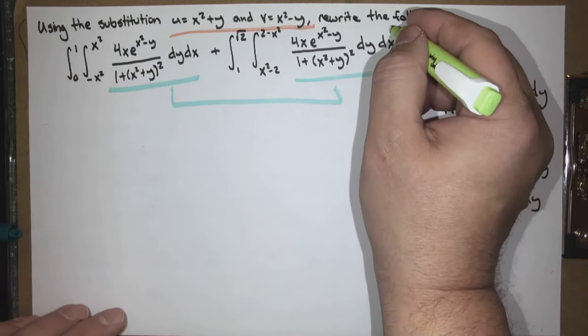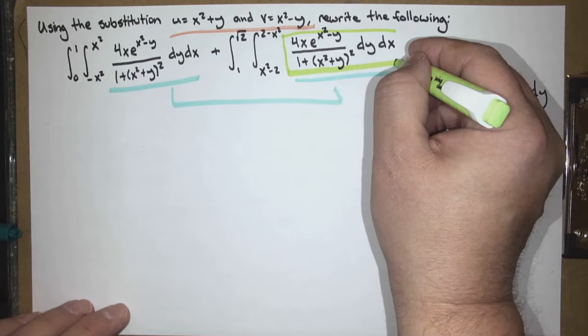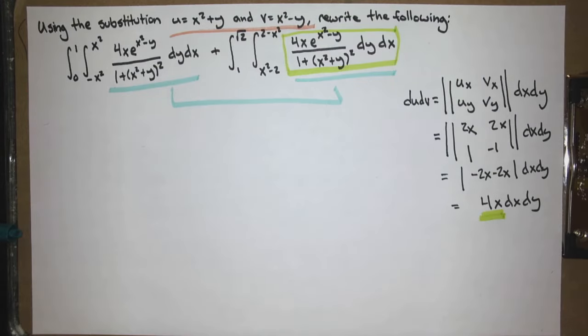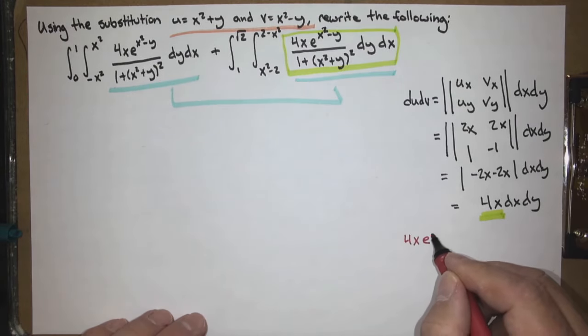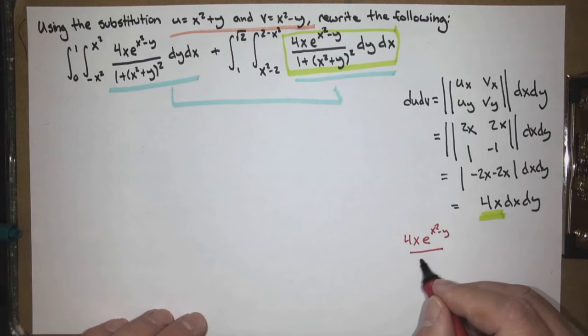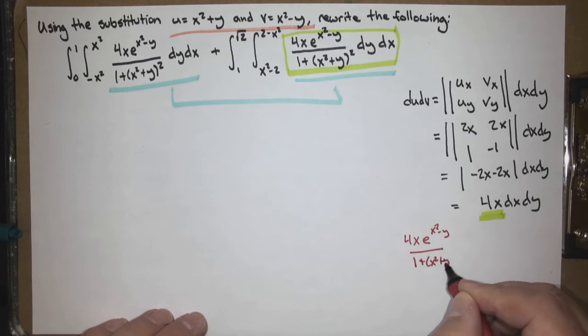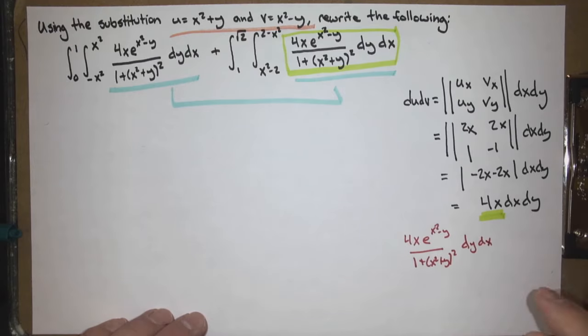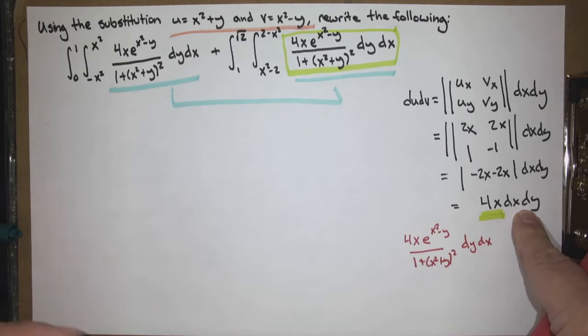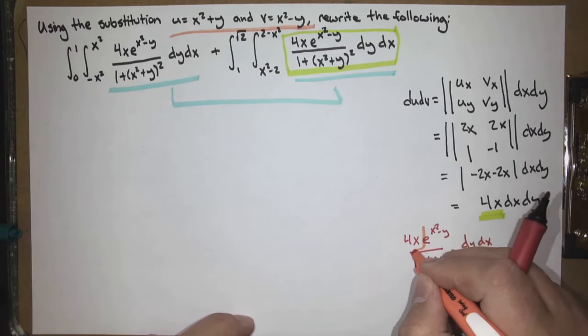Here's what we're going to do. Let's look at what we're currently integrating. We have our 4x e to the x squared minus y over 1 plus x squared plus y quantity squared dy dx. We say, well, hey, when we switch to du dv, we need to get a 4x attached to dx dy. Is there such a 4x available for us to attach? Yes. It's right there.